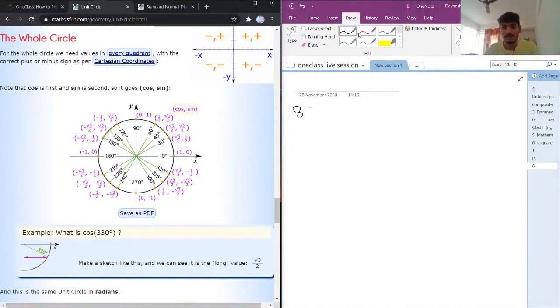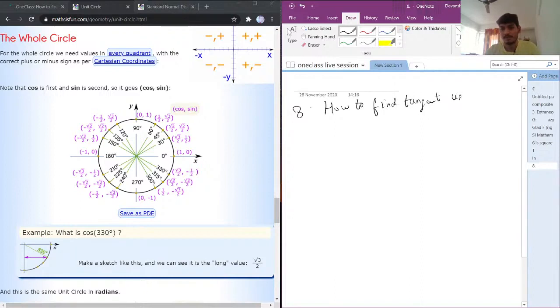So I will use this unit circle. I'll try to make my own circle here. First I'll write how to find tangent using unit circle.